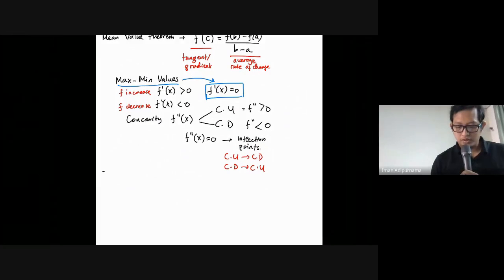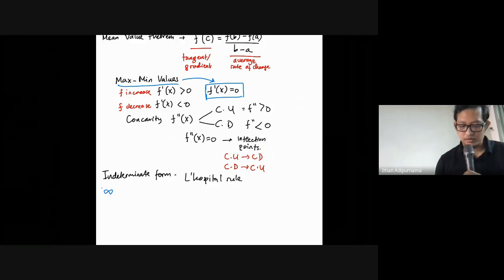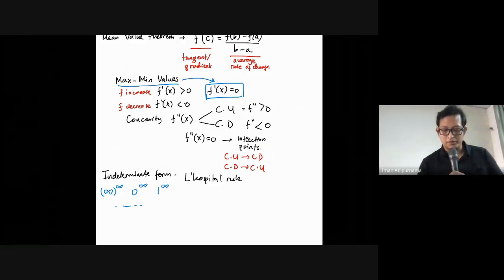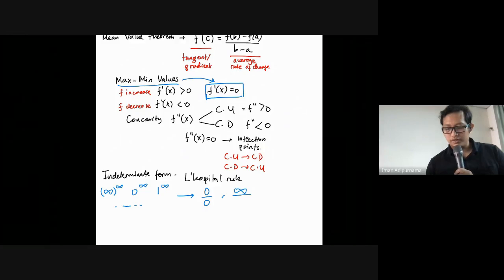And we learn also here the indeterminate form, we call the L'Hopital's Rule. The idea is to find, so maybe you have something like this, and so on and so forth. There are a lot of indeterminate forms, but the idea is to change all of these to become 0 over 0 or infinity over infinity.